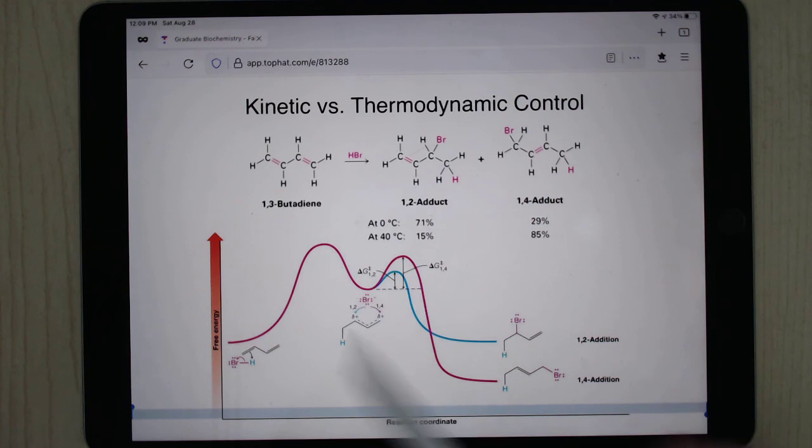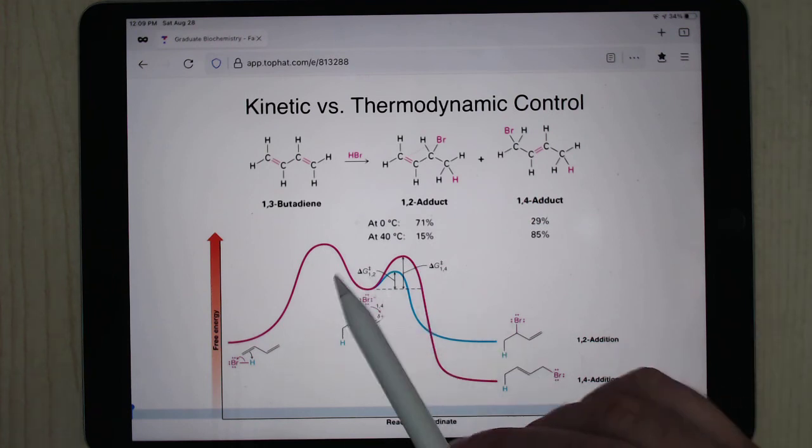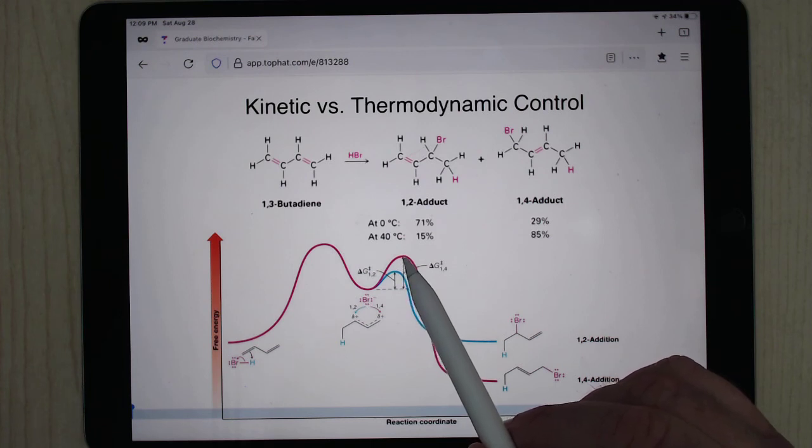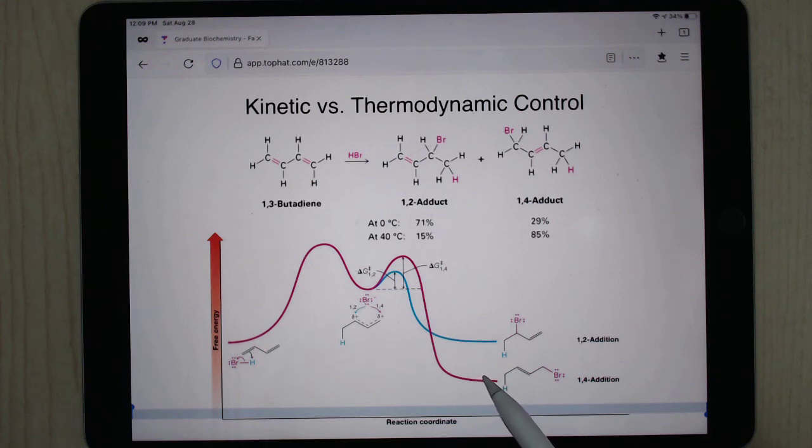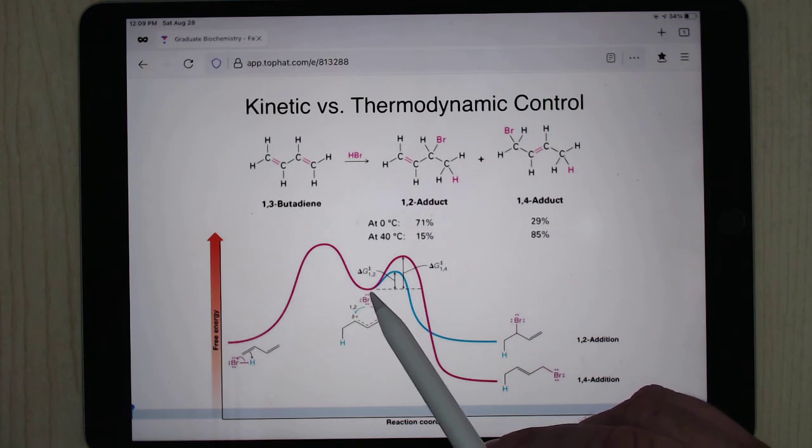If I give you more money, and just like with the molecule, then you can buy the big lottery ticket and get a lot more money out. Okay, so that's what's going on here.